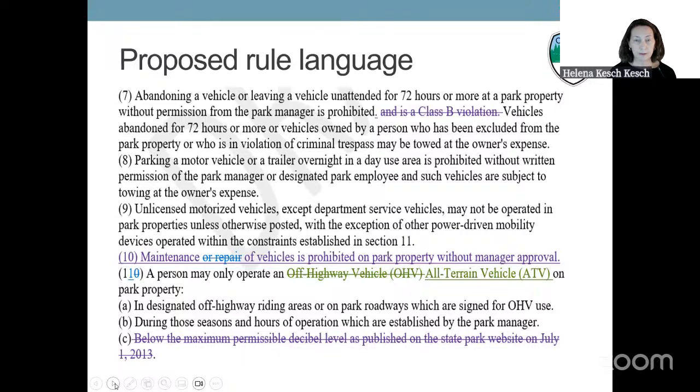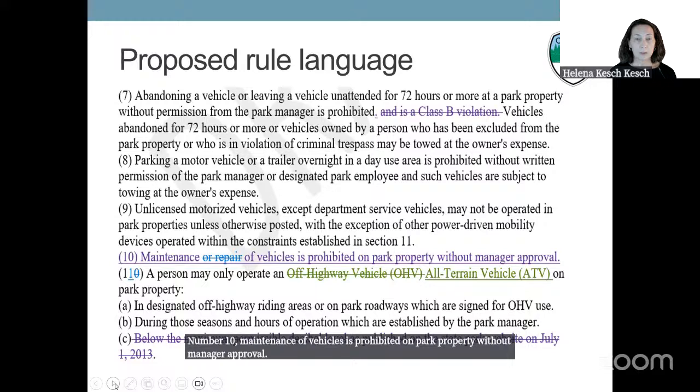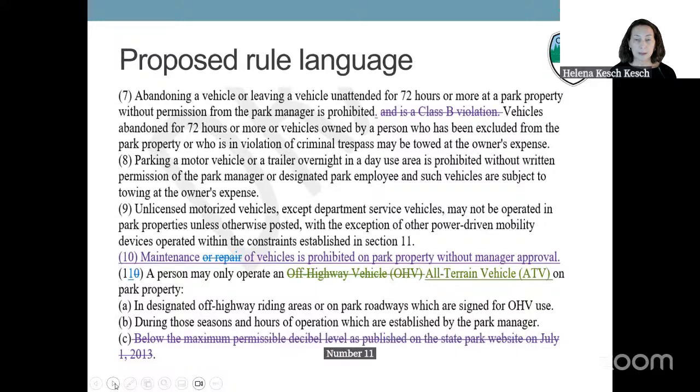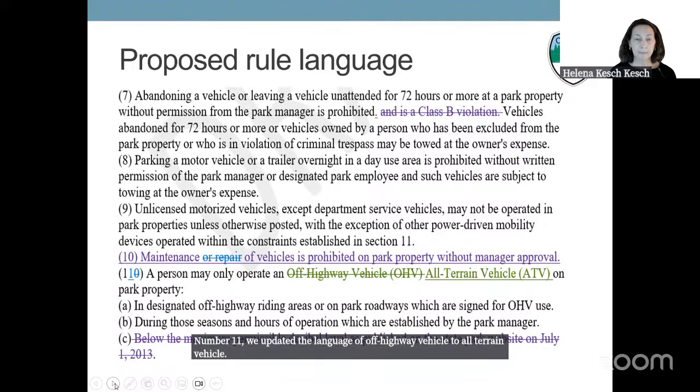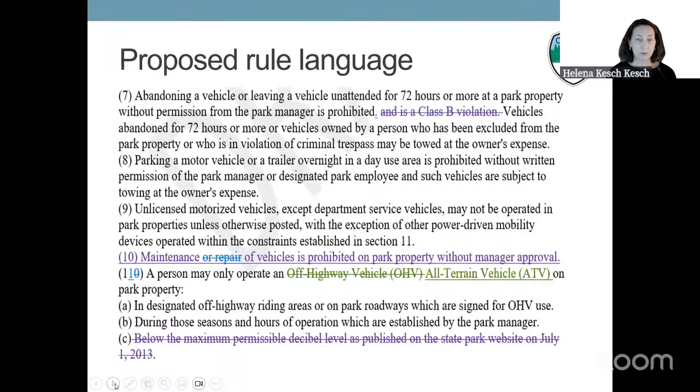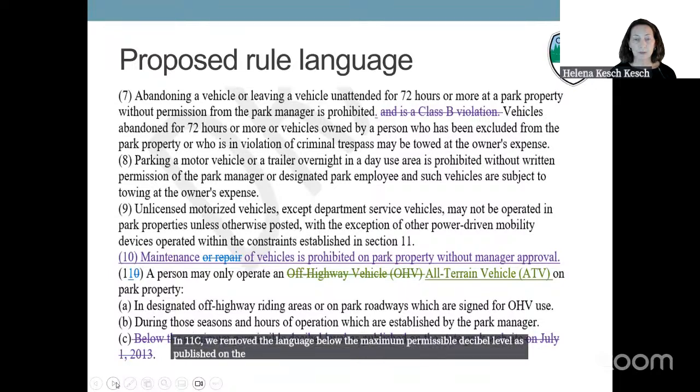Number 10, maintenance of vehicles is prohibited on park property without manager approval. Number 11, we updated the language of off-highway vehicle to all-terrain vehicle. In 11C, we removed the language below the maximum permissible decibel level as published on the State Park website on July 1st, 2013.